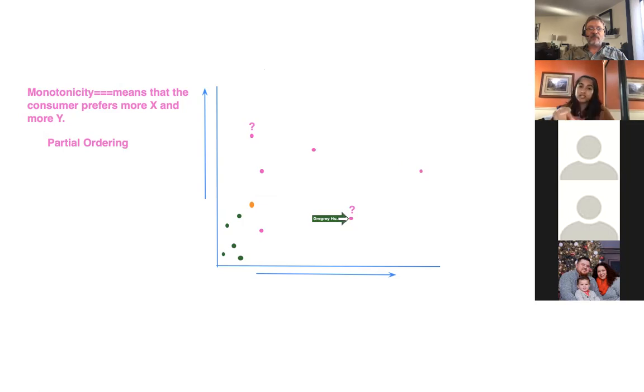Because I see it's more X than Y essentially. Well, yeah, relative to the orange one, this one has more X but less Y, because it's down here. Oh, so the other ones would be more preferred because it's either slightly more X and Y, or a lot more X and Y. Yeah.